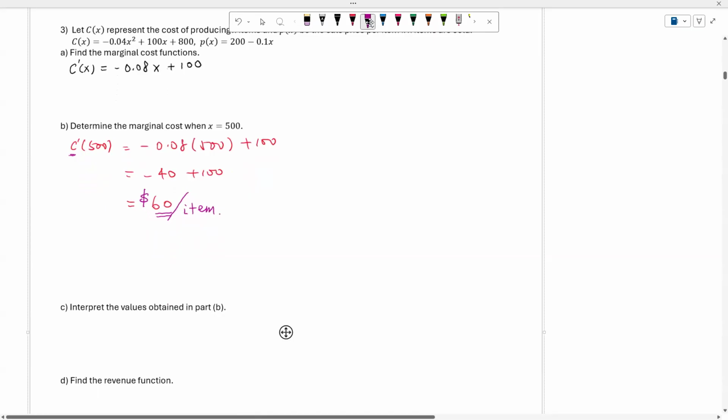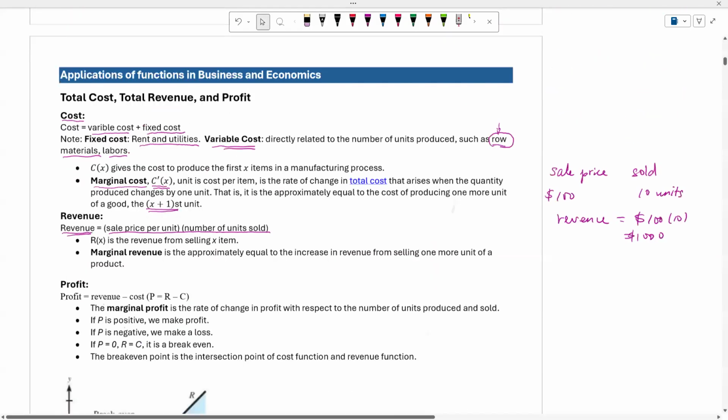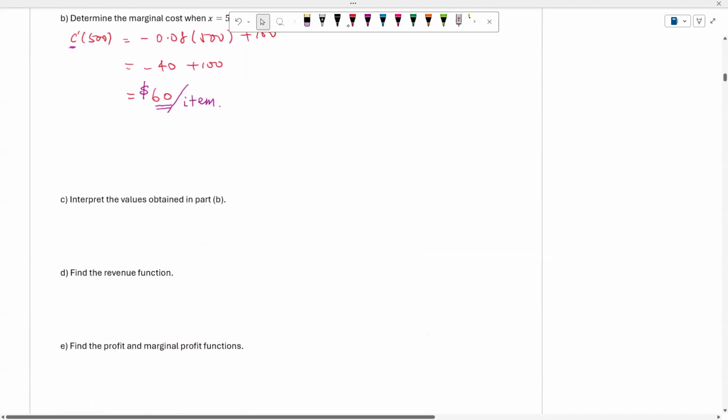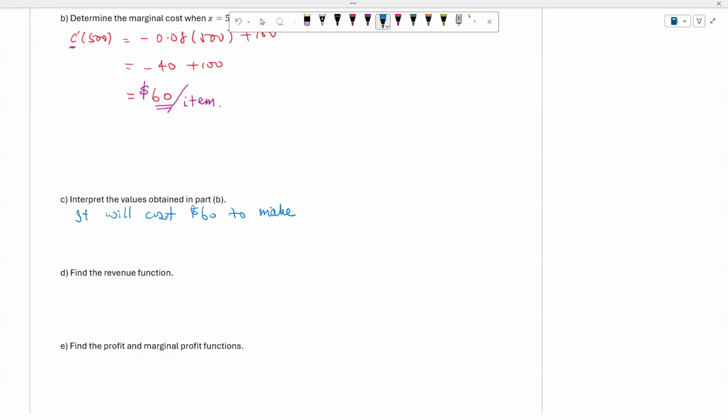For C prime of 500 equals $60 per item, we can say that it will cost $60 to make from 500 units to 501 units.